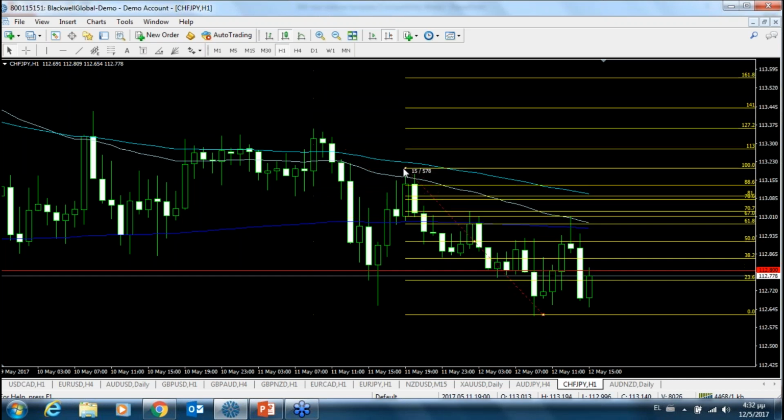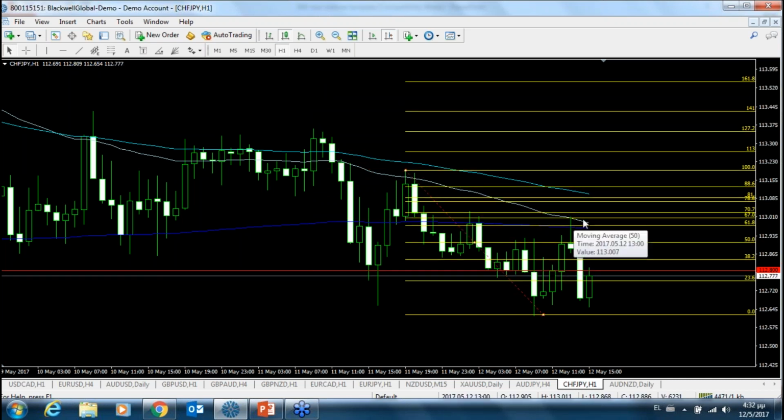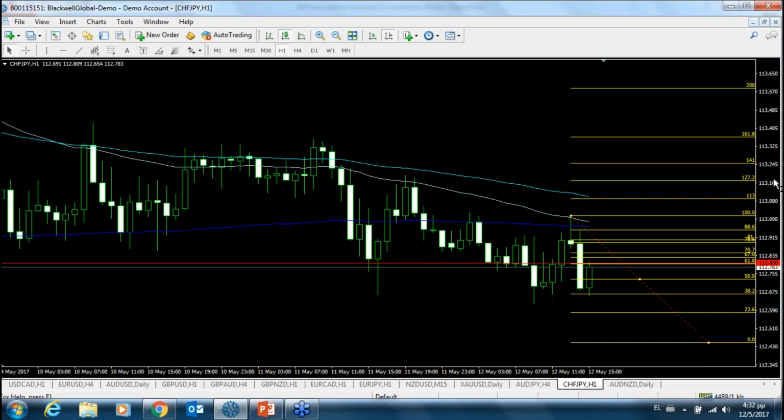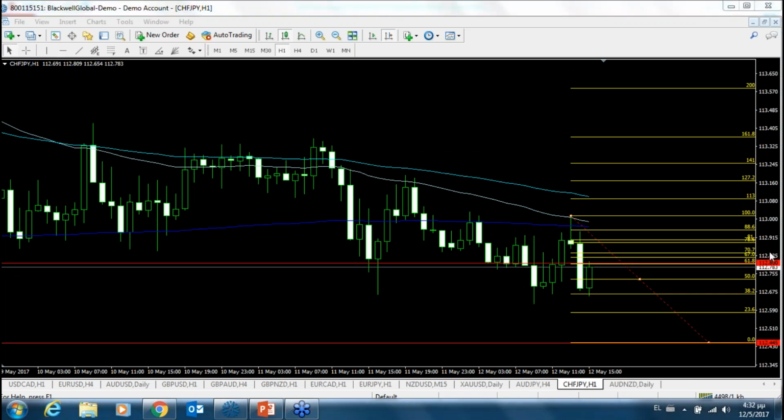If I use this lower line, it corrected itself at the 67 or very close to the 61.8, so I'll take this one instead. What that means is there may be a potential of prices going downwards and reaching the 112.44 area. This is based on the 1 hour chart CHF JPY.